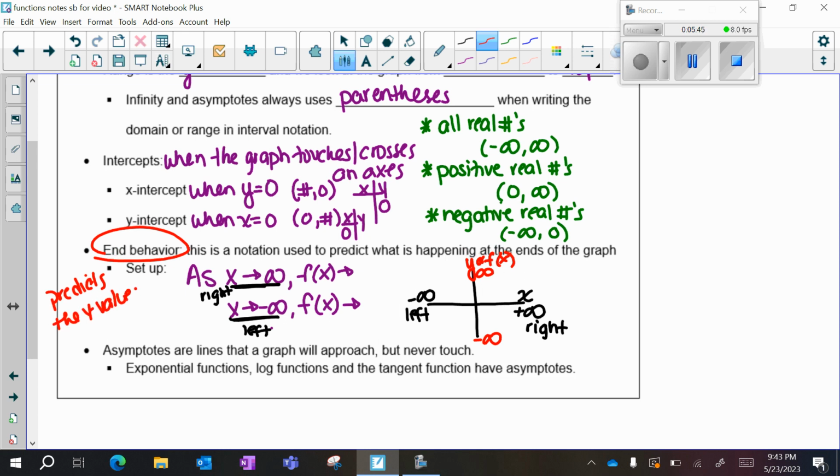So up or down. And then remember that asymptotes are lines that a graph will approach but never touch. Exponential functions, log functions, and tangent functions have asymptotes. We didn't really talk too much about tangent, but an exponential function is going to be y equals a number, and a log function is going to be x equals a number.